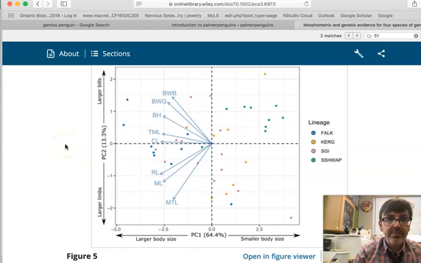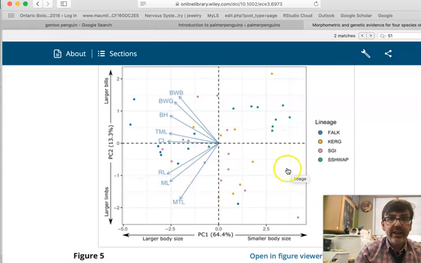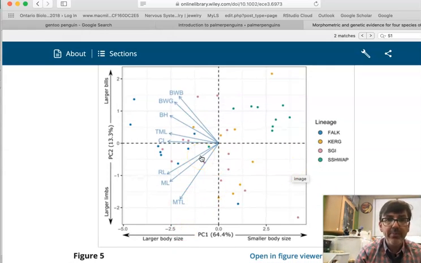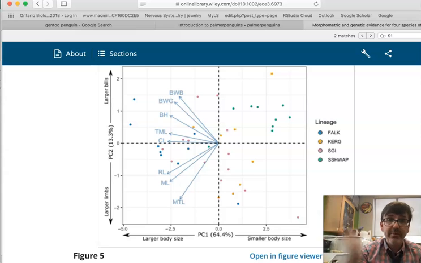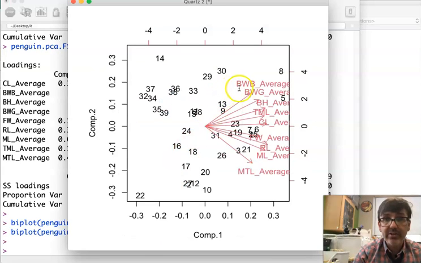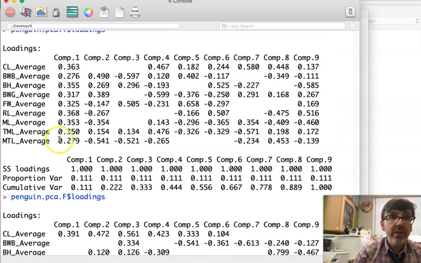And the thing you should notice here is that their biplot is the mirror image of our biplot. So when they ran R by chance, their R made their loadings all negative, while ours are all positive. So ours is the mirror image, and if we were looking at their loadings, all their loadings here would be negative instead of positive.